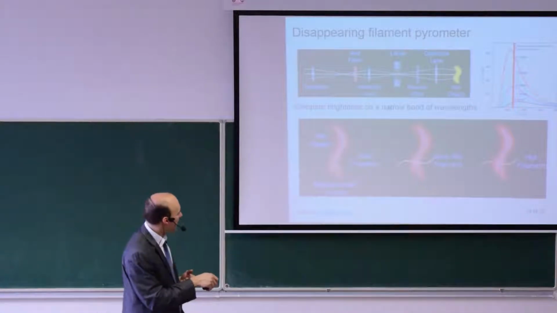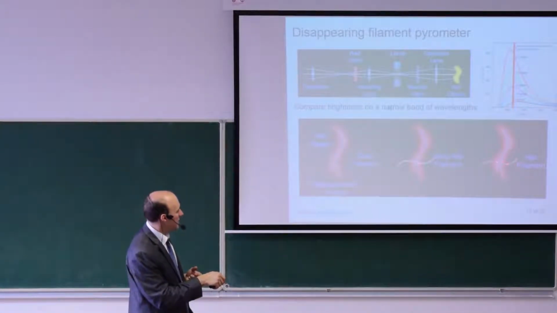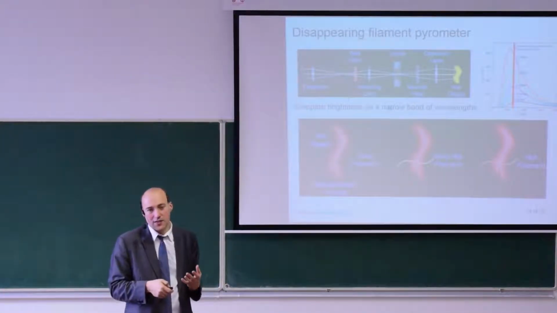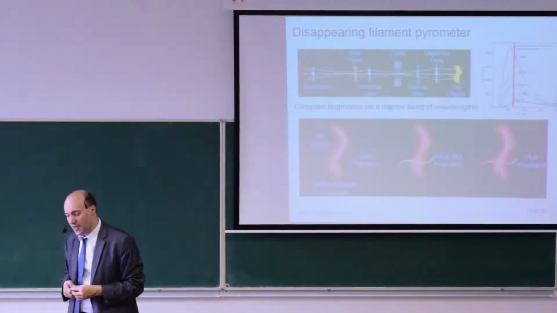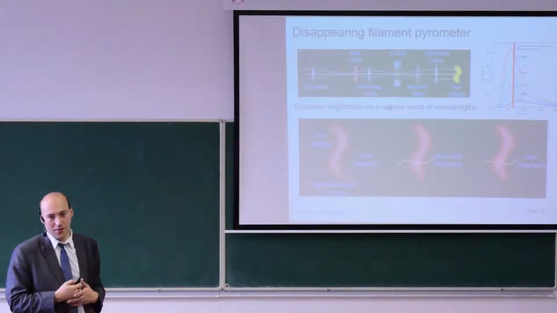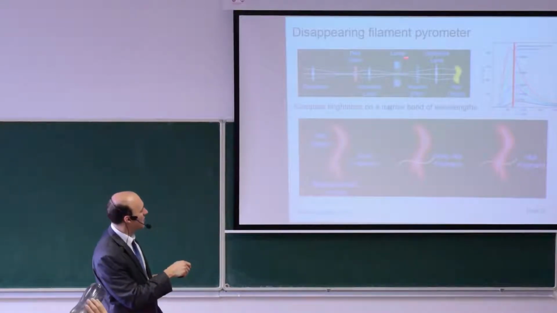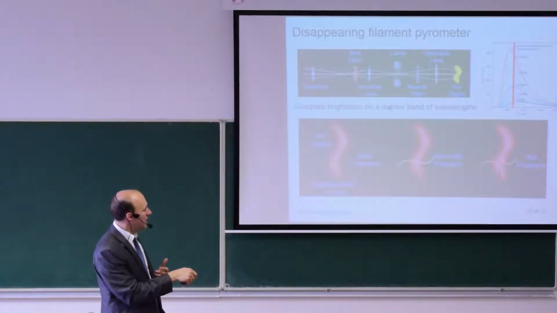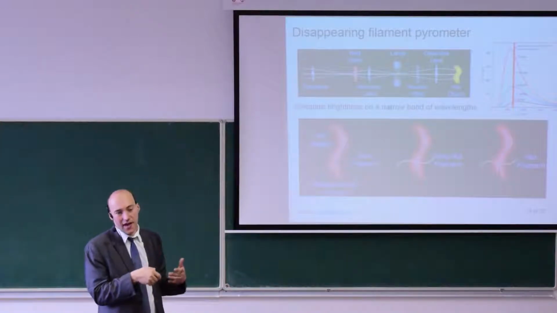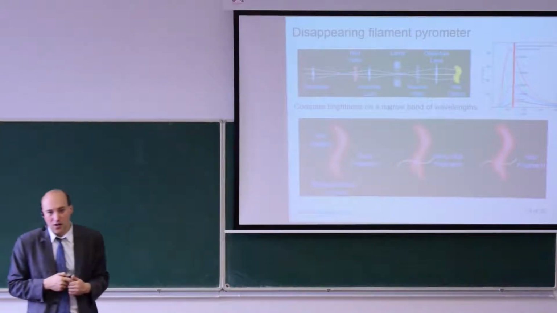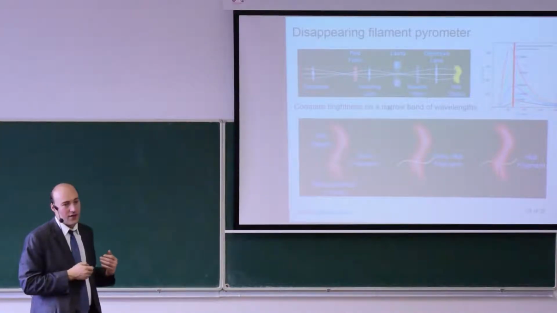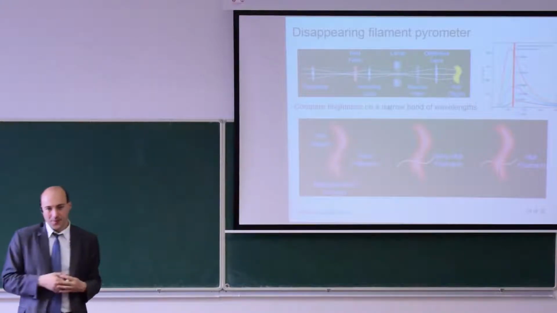So in fact, the filament disappears from the background. That's why it's called a disappearing filament pyrometer. So we are adjusting the current from the bulb until we have this result, and then we read from the scale what is the temperature of the filament.